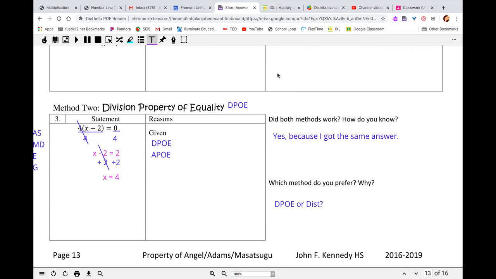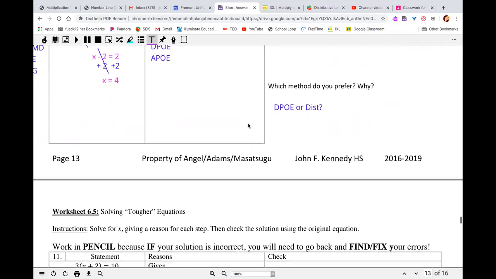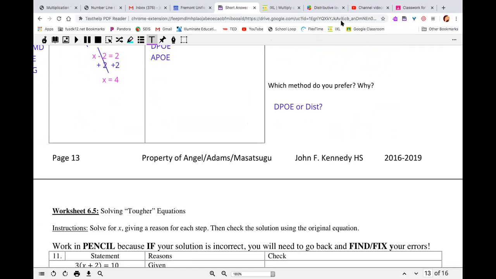You like the distribute one better, Ethan? Okay, so you just put which one and then a sentence about why. Yeah, okay, cool. If you like that one better, you can do that one.